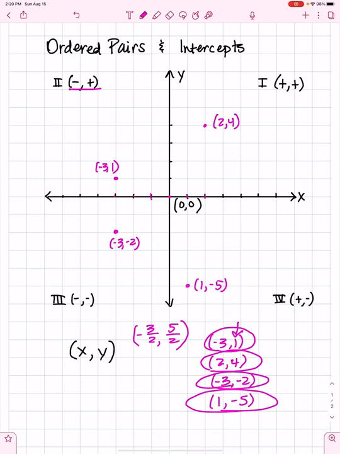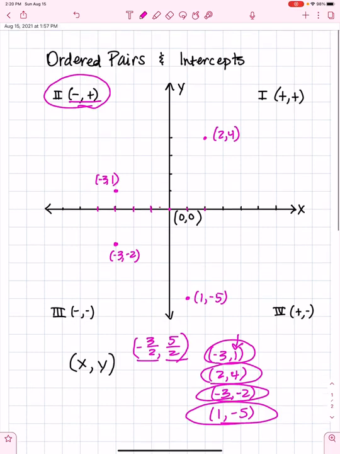If I told you that each of these is 1, and I've got -3 halves, well, I know from the origin I'm moving to the left and up because it's negative positive, so that puts me in quadrant 2. -3 halves. I'm just going to count halves instead of whole. So there's 1 half, 2 halves, 3 halves, and then I'm going to go up 5 halves. So that's going to be 1 half, 2 halves, 3 halves, 4 halves, 5 halves. So that ordered pair would be right there.